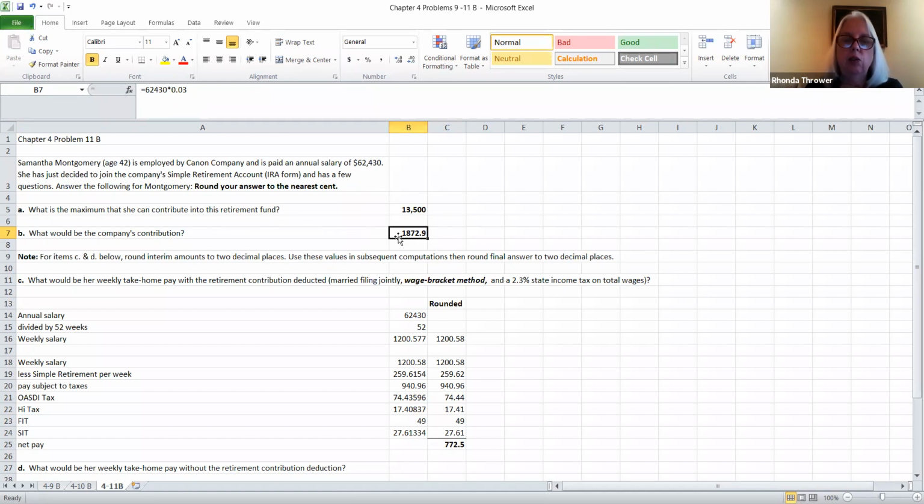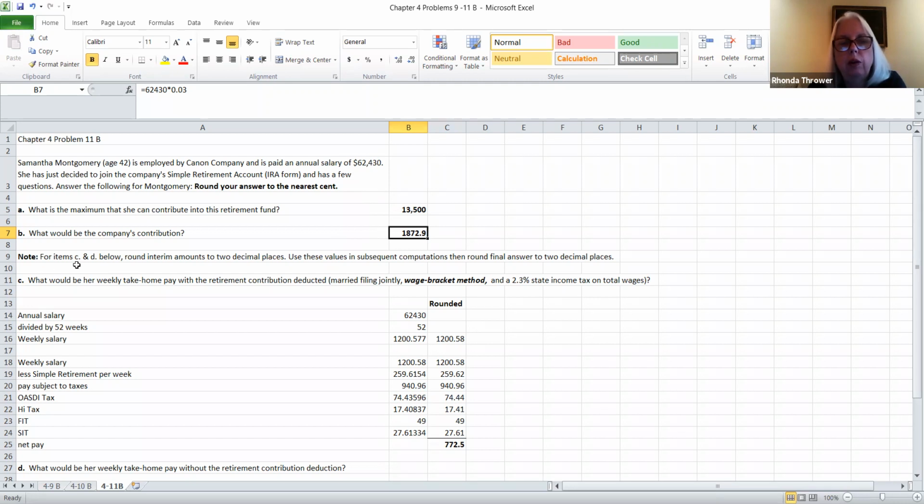That's where I'm getting the 3% amount. So the employer is only allowed to contribute 3% of the employee's earnings, and 3% of the 62,430 is how you would arrive at $1,872.90.